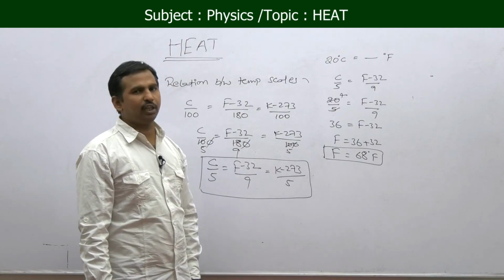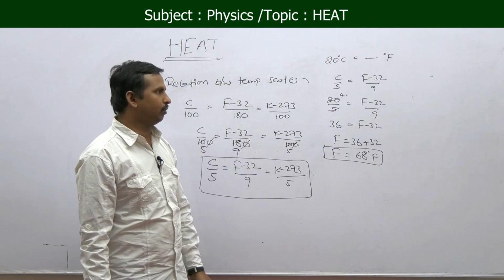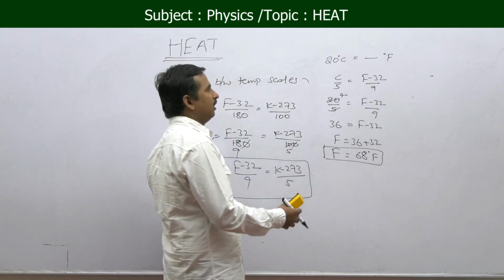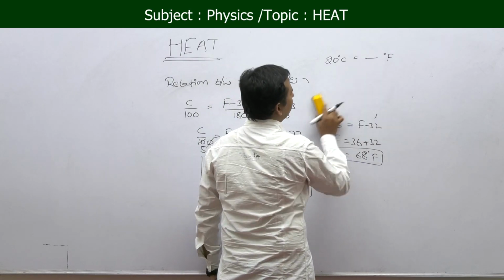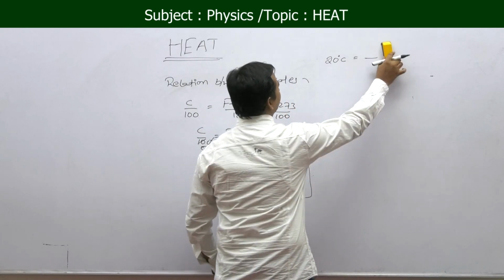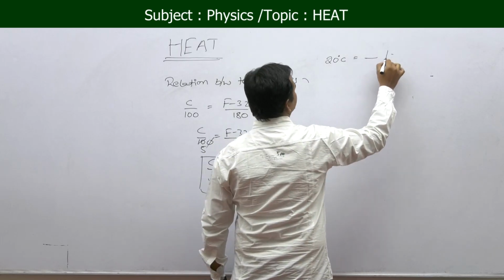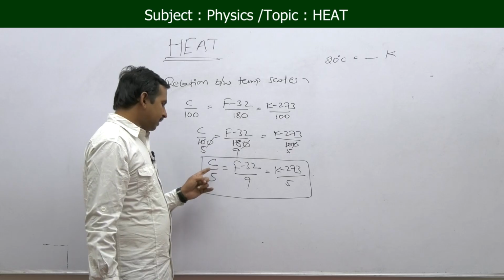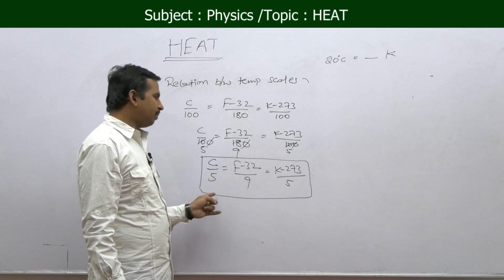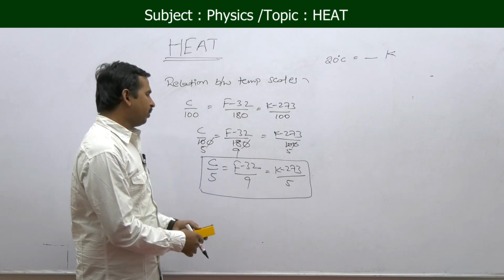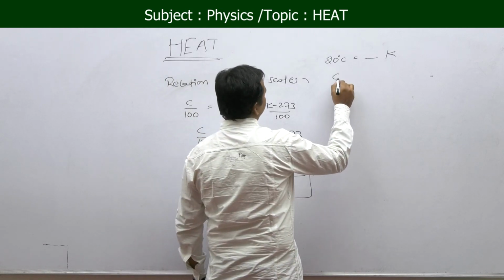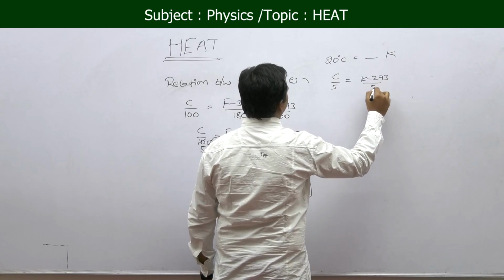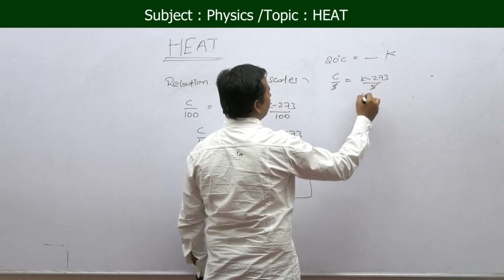In the same way, if you want to find the same problem in Kelvin, we need to convert 20 degrees Celsius into Kelvin. For C and K, C by 5 is equal to K minus 273 by 5. The 5 gets cancelled.